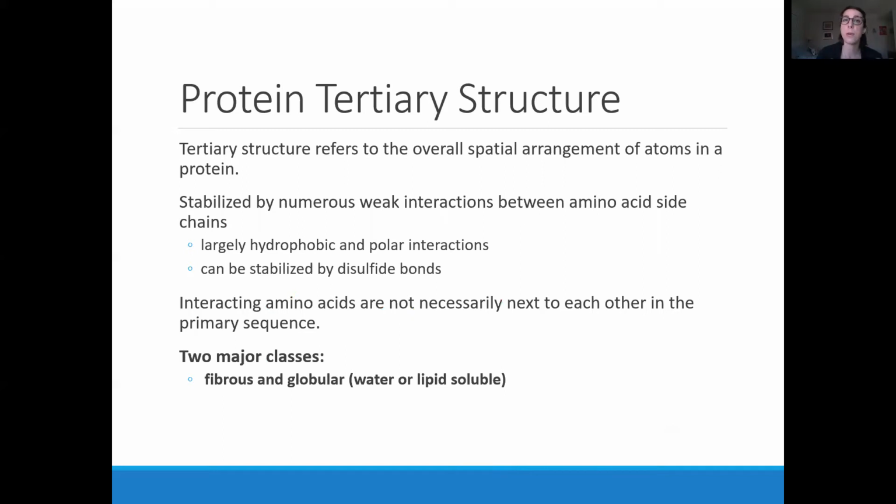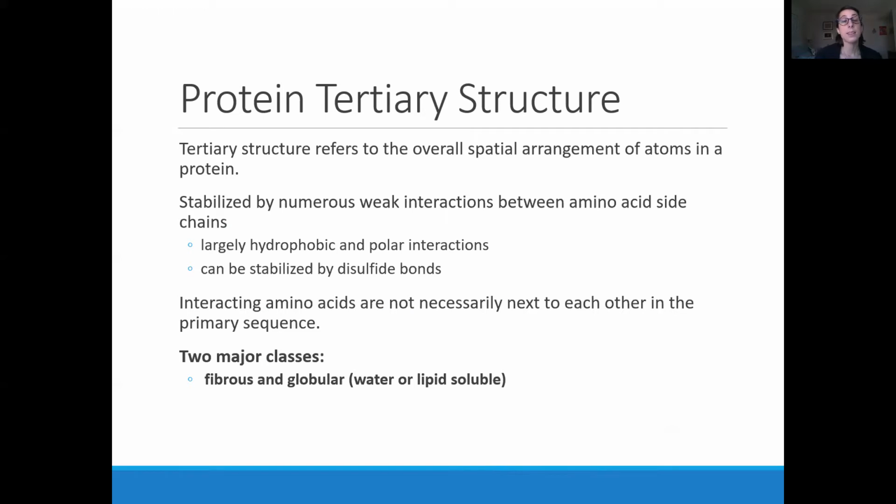And again, these amino acids don't necessarily need to be near each other in the primary structure, in the actual sequence, to help form these interactions. They can be far apart, but the way that they end up interacting helps to fold and cluster together the final structure of the protein.